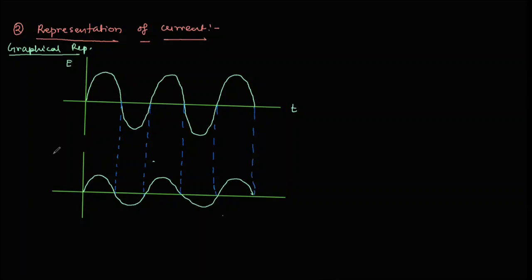So we have these two equations where we have written EMF as a function of time and current as a function of time. The peak of the graph over here is marked as E naught, where we write E naught is equal to NBA omega, and the peak of the graph over here is I naught, where I naught is marked as E by R or E by Z. अपने इसके ऊपर बात करेंगे why it is E by Z or E by R. तो ये हो गया एक graphical representation where we have taken phi as 0.